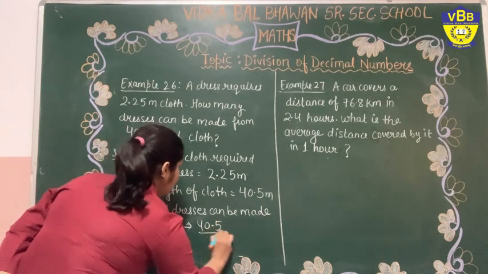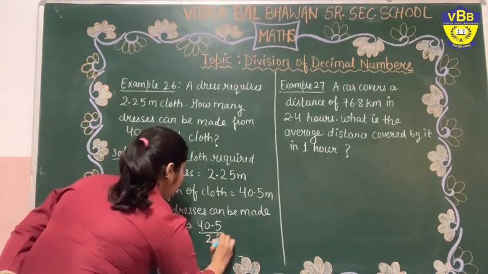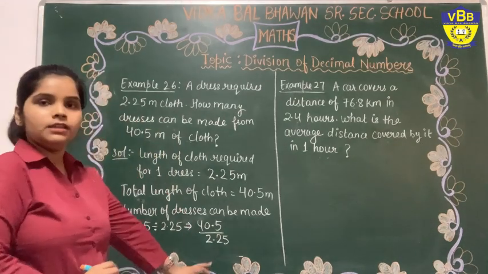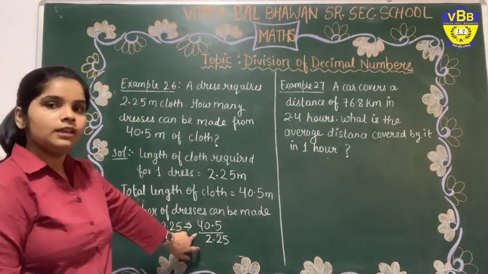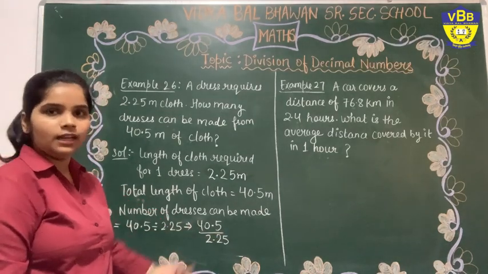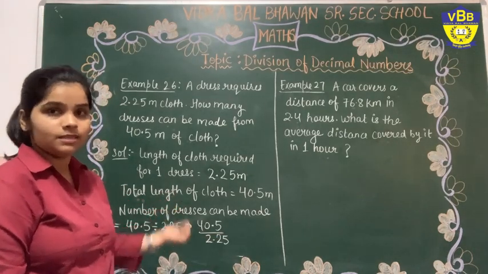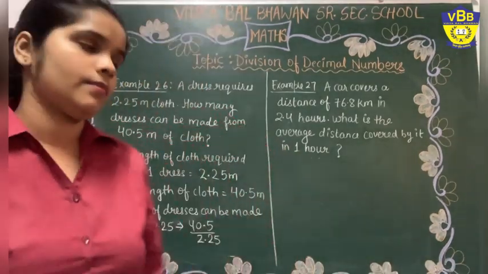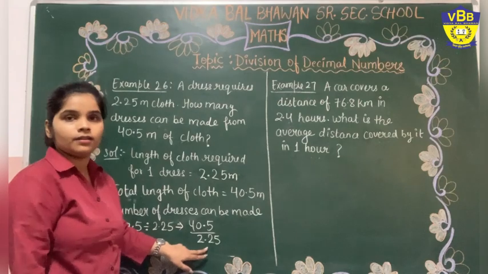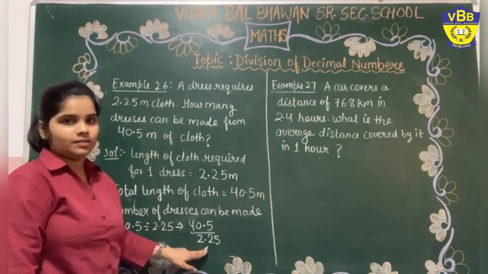40.5 divided by 2.25. Again, check if the two decimal numbers are like or not. They are unlike decimals.